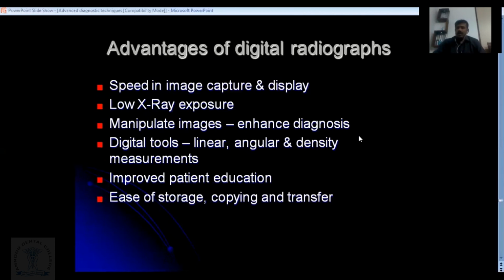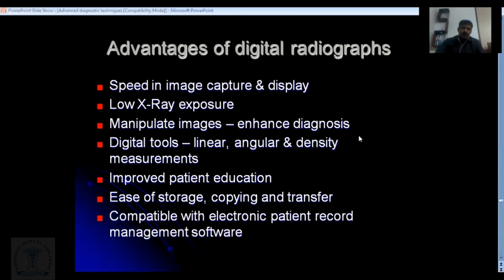It doesn't get distorted. You can store in a CD, use a hard disk, or store in the cloud, and you can transfer it or share it with anyone. And it's compatible with electronic patient record management software. So these are the advantages of digital radiographs.